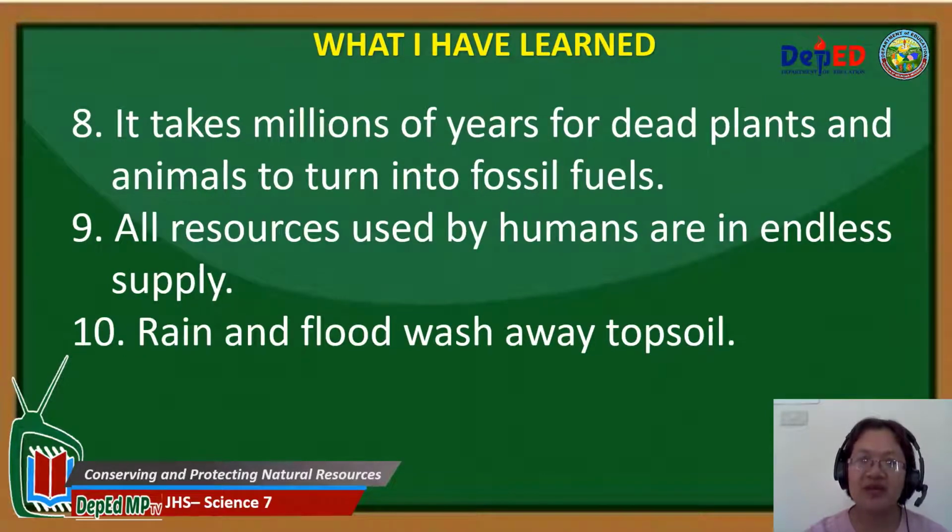It takes millions of years for dead plants and animals to turn into fossil fuels. 9. All resources used by humans are in endless supply. 10. Rain and flood wash away topsoil.